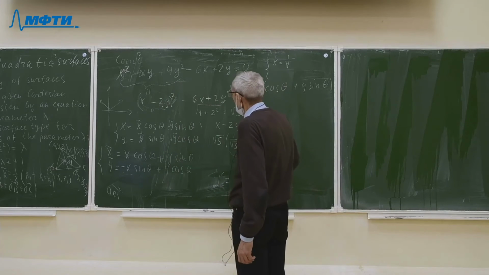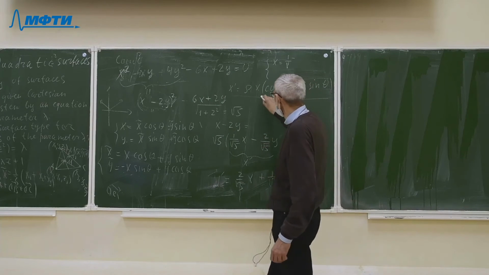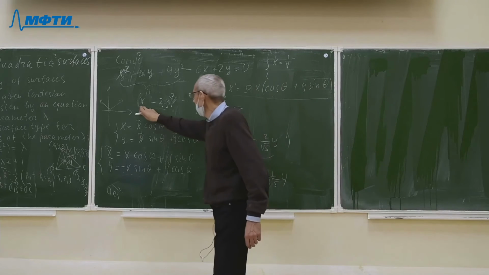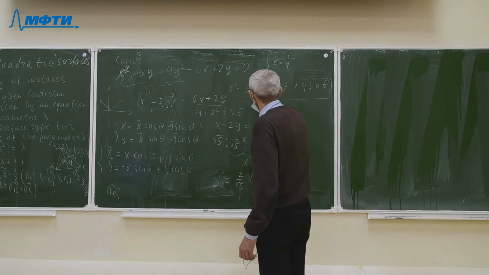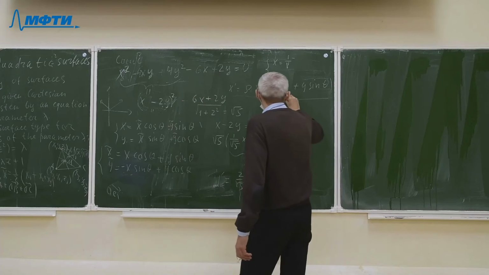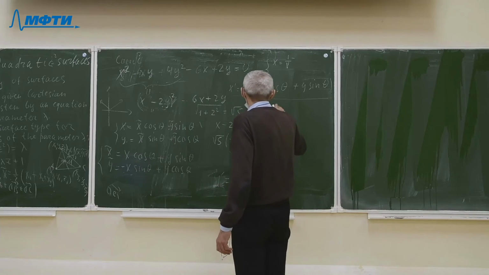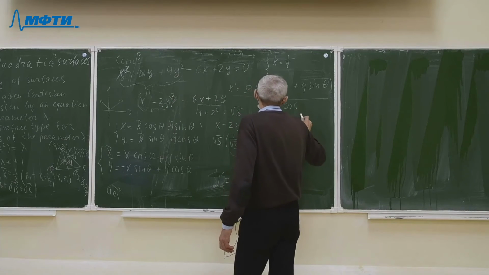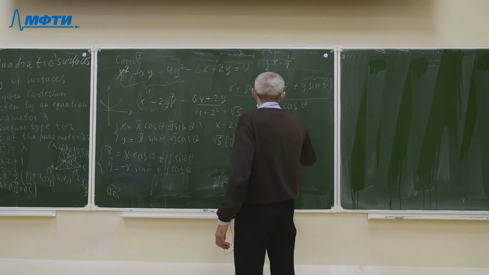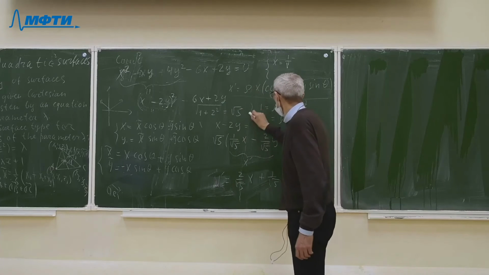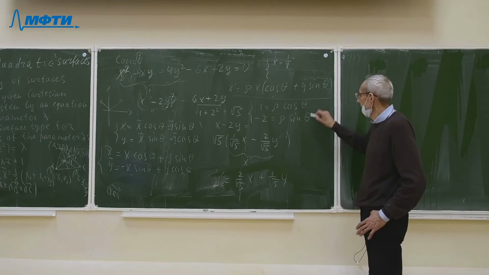And in our case, I try to rewrite this formula in this form. We have two coefficients, and I want to rewrite this expression in the form cosine theta plus sine theta. I have 1 equals rho cosine theta and minus 2 equals rho sine theta. How to find theta?